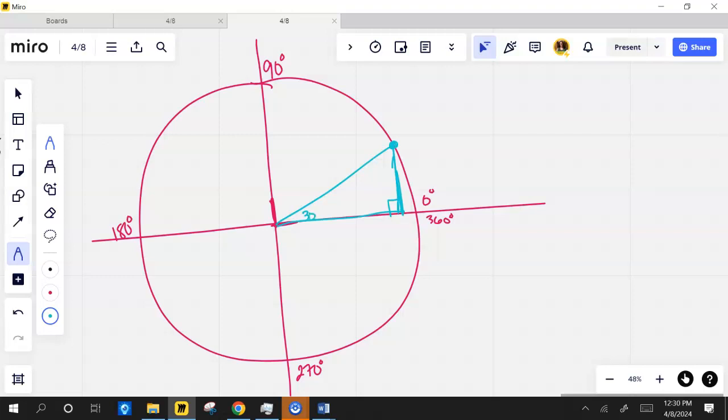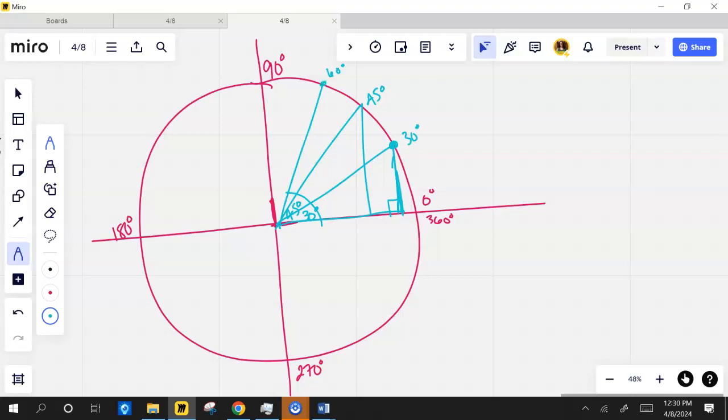And this is going to be 30 degrees, then 45 degrees, and then your last one there, 60 degrees. So I've got these 3 special right triangles.